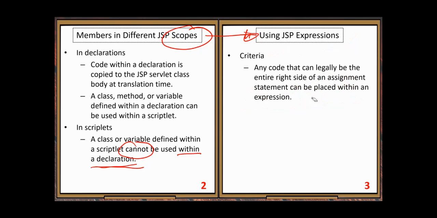The criteria: any code that can legally be the entire right side of an assignment statement can be placed within an expression. You know the assignment statement, for example, String a = xyz.